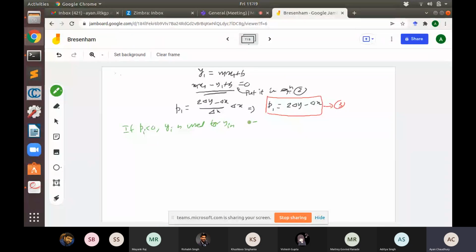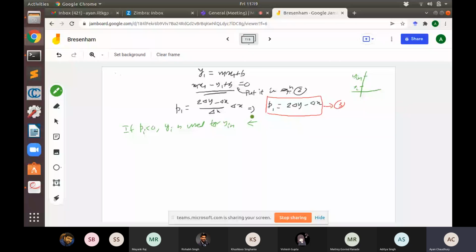And why this? Because we have some y value, previously we had, let's say, yi, and next is yi plus 1. So for the case of yi plus 1, we will be using yi, that means the one below this one, right?